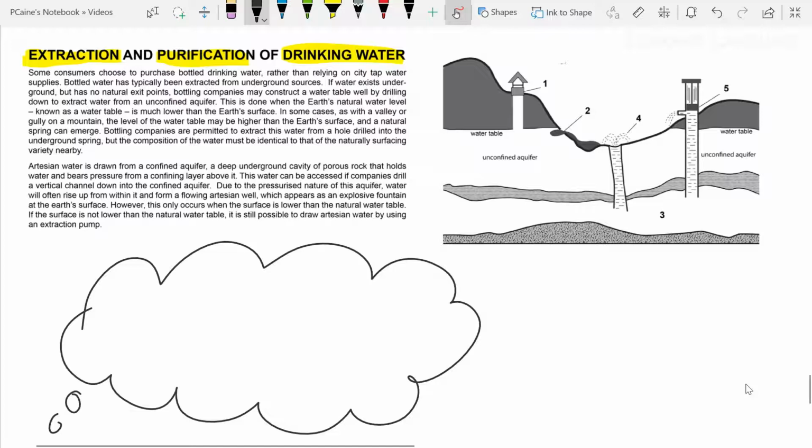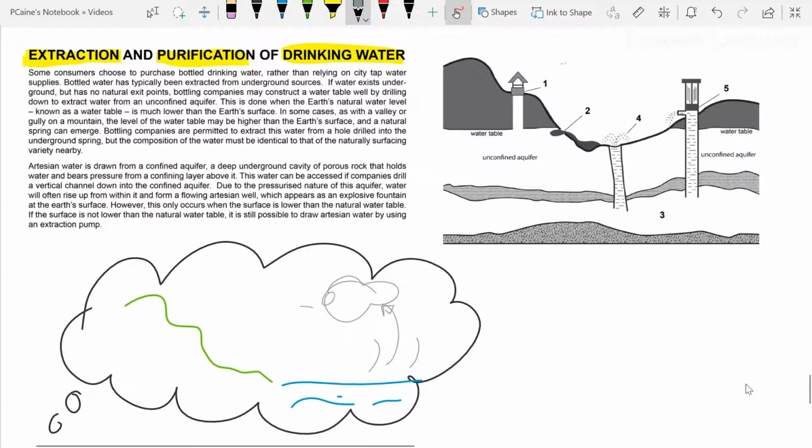And so when I hear extraction and purification of drinking water, first of all, I'm thinking, drinking water. What do I know about drinking water? Well, I know that most of the water in the world is in the ocean, and evaporation from the ocean goes into clouds.